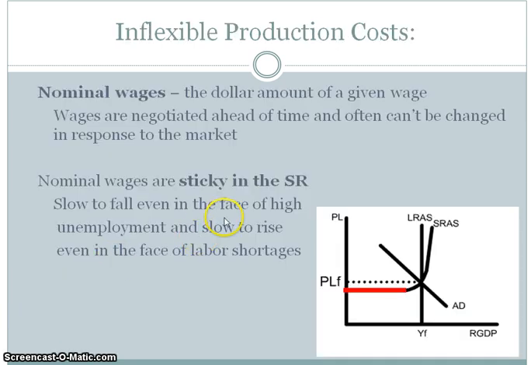The reason he said that nominal wages, which is what people are getting paid, don't really change in the short run is because they're negotiated ahead of time, and businesses aren't going to respond right away to a change in wages if things are happening in the market. So if there is high unemployment, you're not going to see wages really fall in order to give businesses more money.